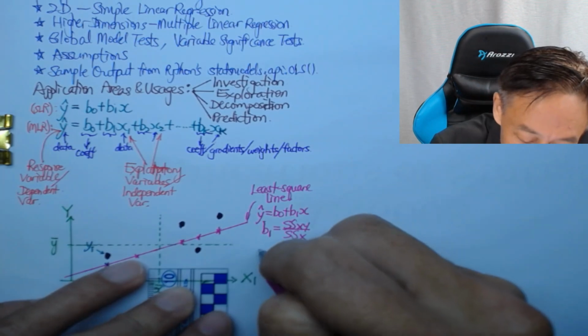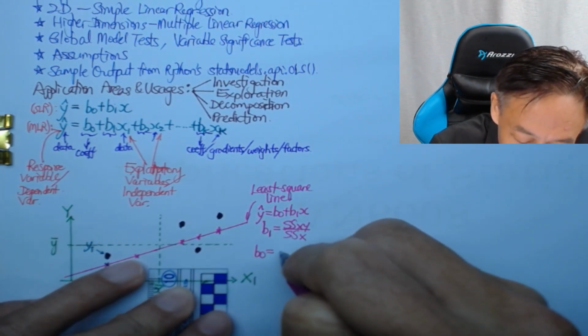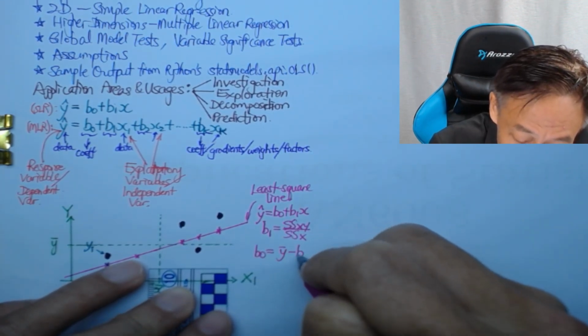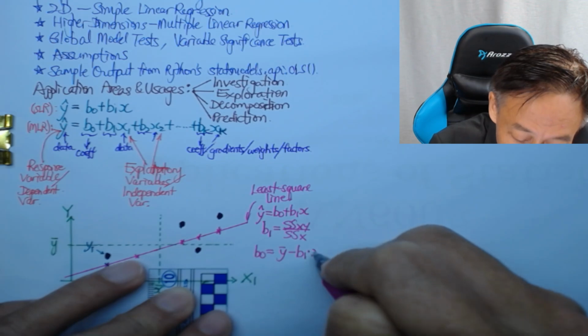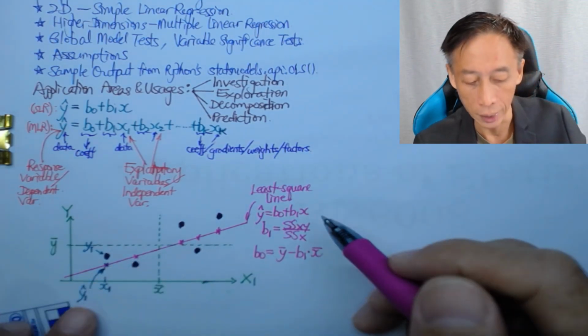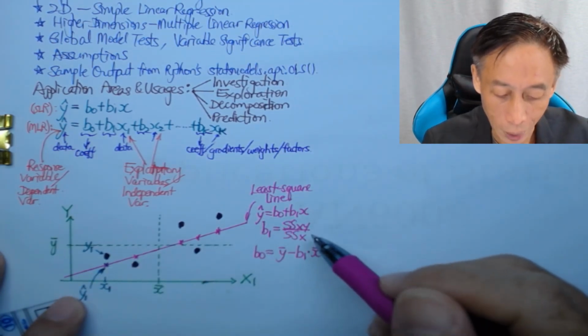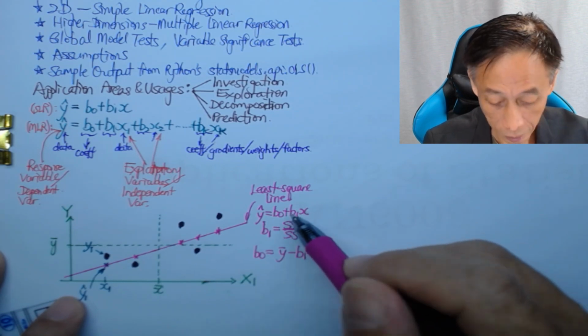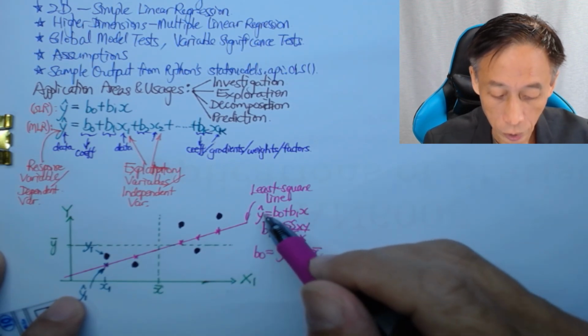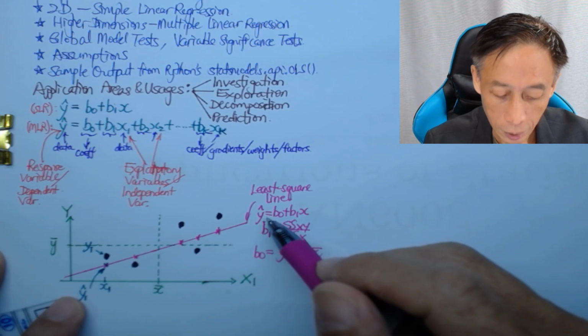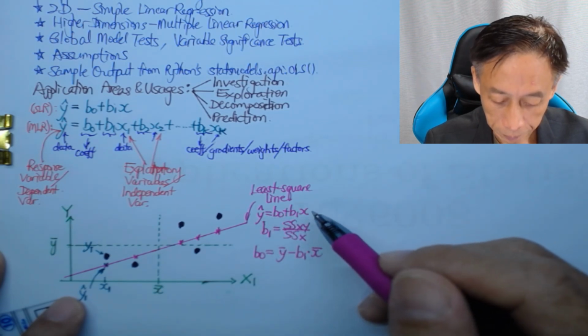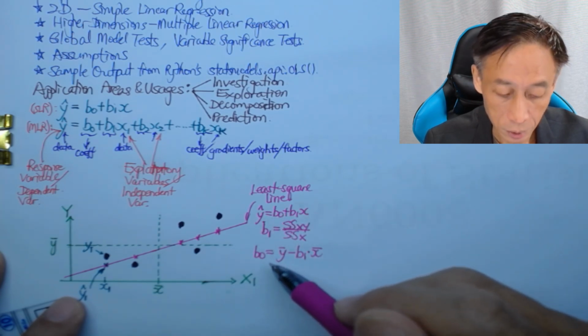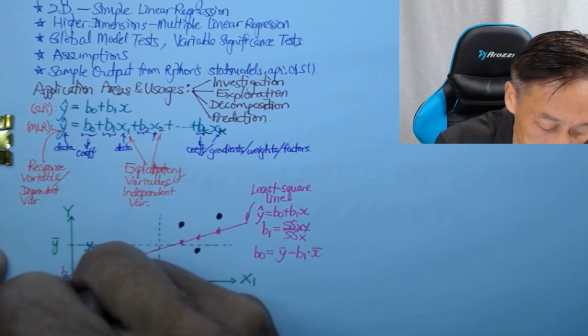Then b0 will be just the y bar minus the gradient times x bar. So we can get the y-intercept because we plug in the x bar and the y bar, and we should obtain the b0, right? So this is b0.